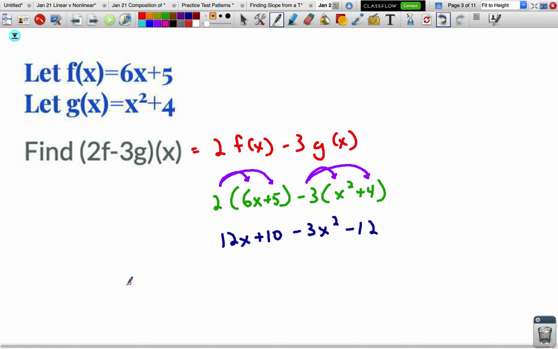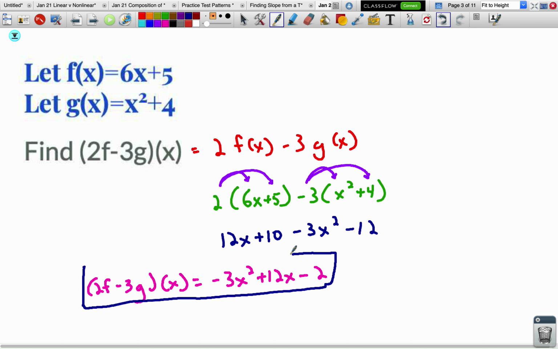And then combine like terms. And now, once I've done all this work, I like to rewrite the first line. So 2f minus 3g of x equals negative 3x squared plus 12x minus 2. And so here is an expression for this combination of the functions.